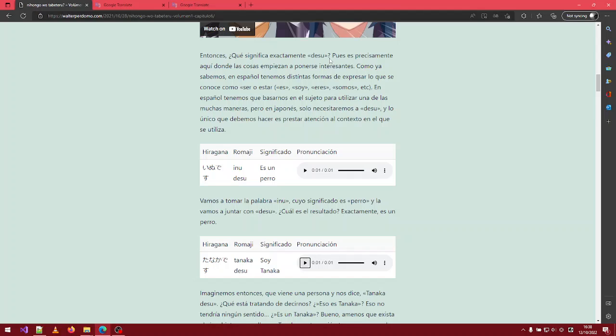Let's say we are in front of a person, and we say Tanaka desu to this person. This person will assume that our name is Tanaka. And the opposite is the same. If this person comes to us and says Tanaka desu, we can assume that person's name is Tanaka because that person is looking directly to us and saying Tanaka desu.